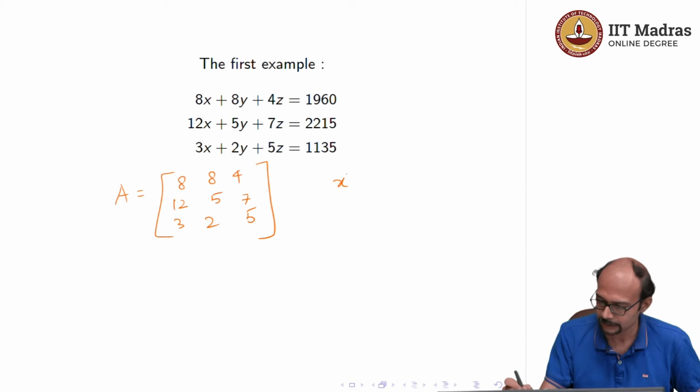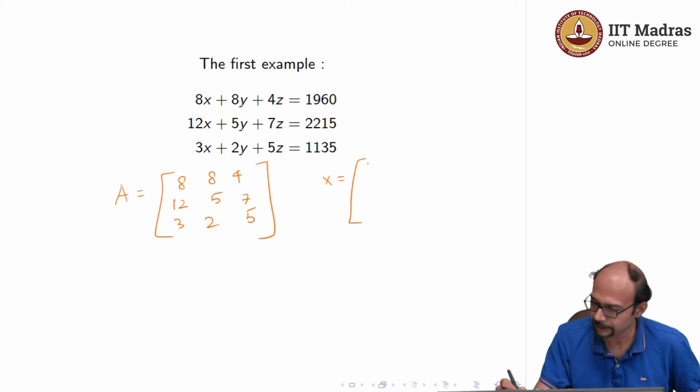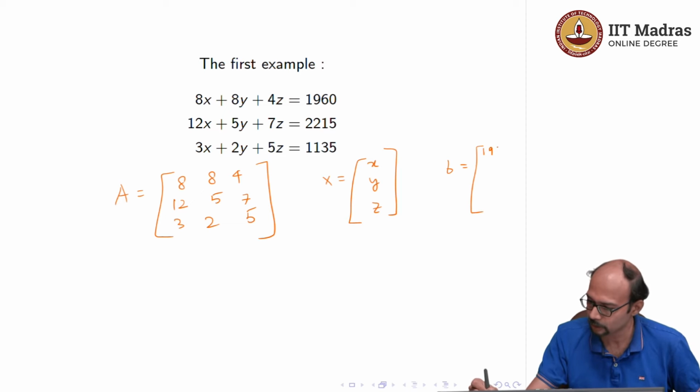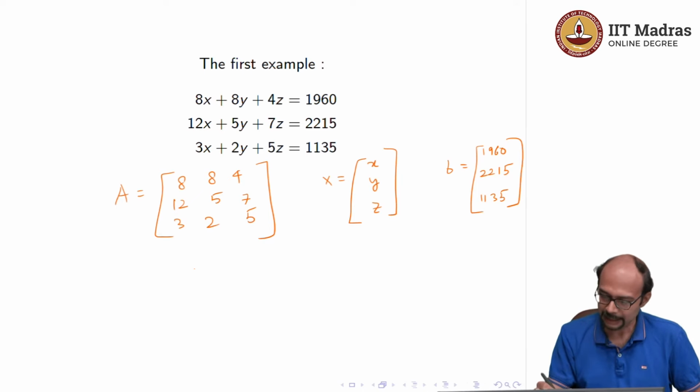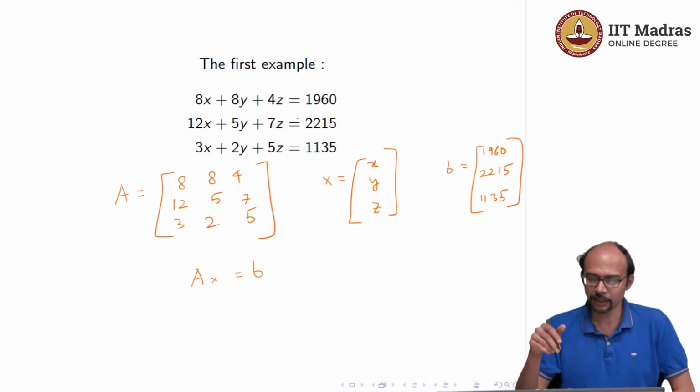The matrix X, which is a column matrix, will be x, y, z, and the matrix of constants is going to be 1960, 2215, 1135. Once again I'll encourage you to check that Ax equals B exactly captures the system of linear equations upstairs.